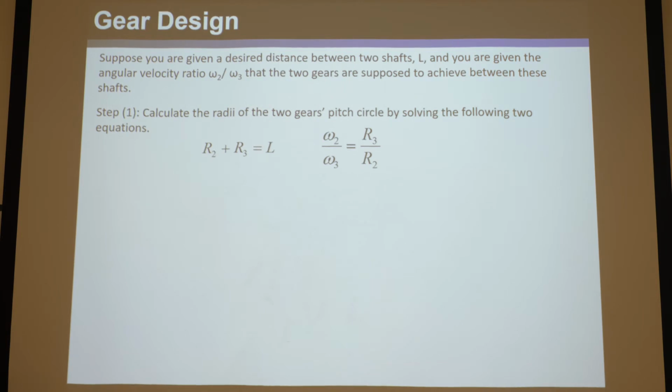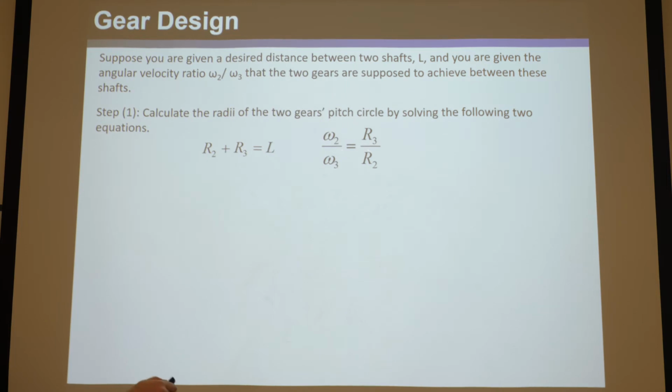Well, you can make two equations from that. The radius of the pitch circle of 2 plus the radius of the pitch circle of 3 is going to be L. Of course, the two pitch circles always touch, and they touch at the pitch point. And remember, from our equation, omega-2 to omega-3 is R3 to R2.